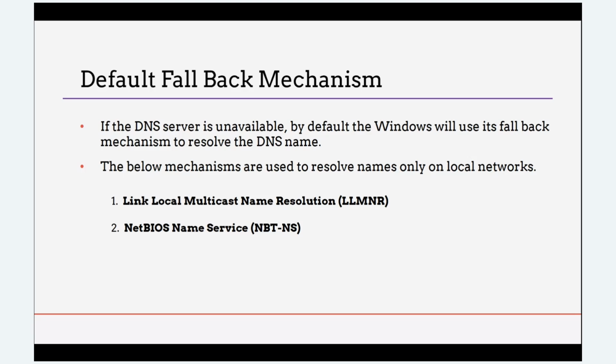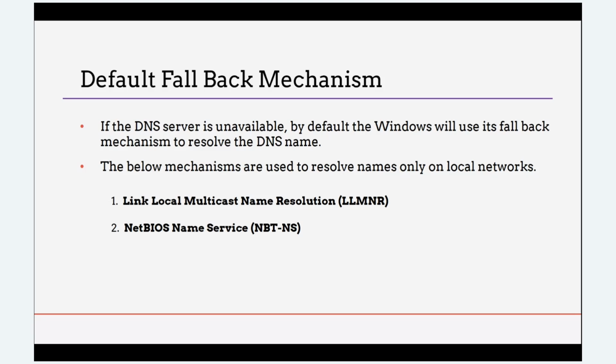The first one is Link-Local Multicast Name Resolution, LLMNR. If even that fails, then it goes to the NetBIOS Name Service. NetBIOS Name Service is the oldest one available here, and the updated version is Link-Local Multicast. In Link-Local Multicast, it will multicast the request to the predefined hosts or predefined configuration that you have made, and it will get a response from those only.